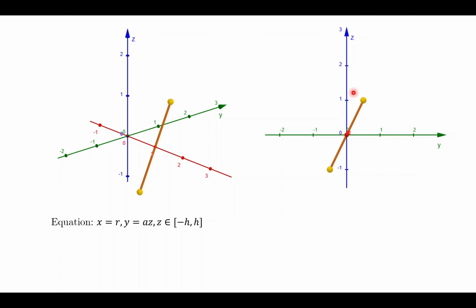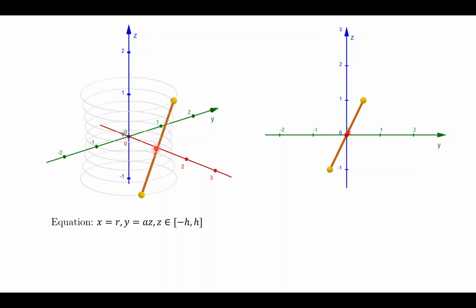Once again, this is the perspective. If you view down the x-axis, the line segment does not cut through the origin, but it is on the plane that is parallel to the YZ plane. So this time, if we were to rotate this line segment about the z-axis, what do we get? Here's an easy way to think about it.